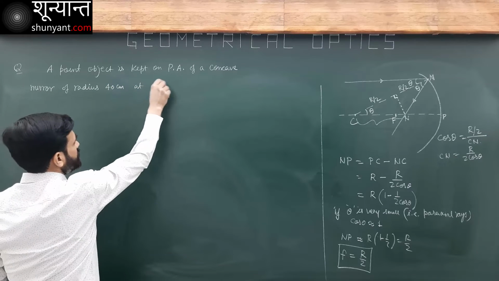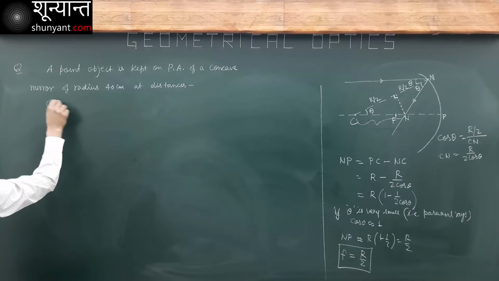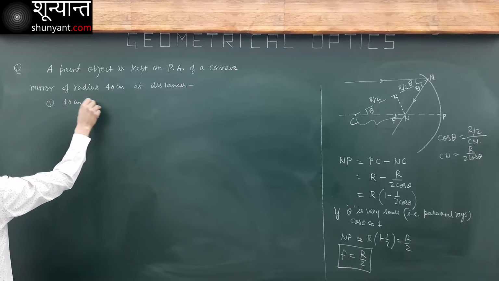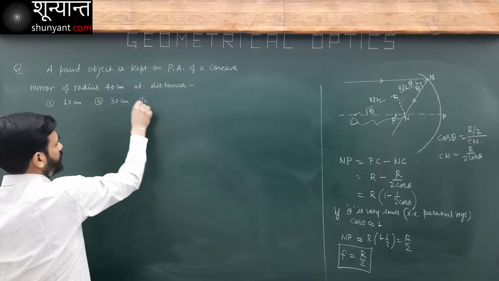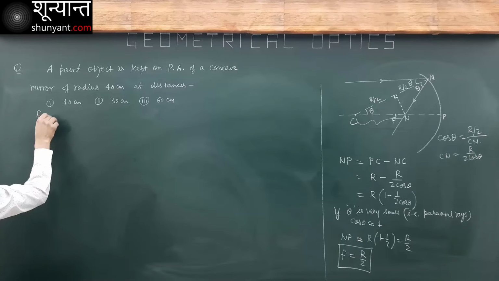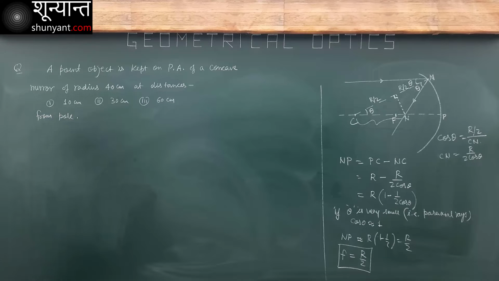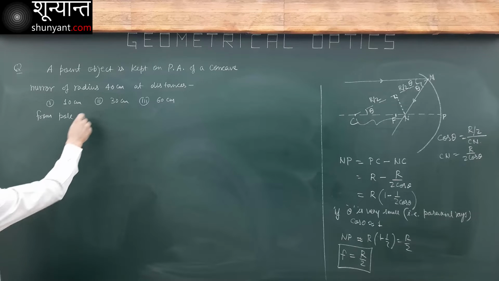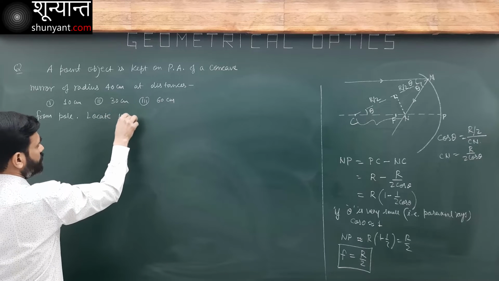at distances first 10 centimeter, 30 centimeter, 60 centimeter from pole. Okay, all right. Locate image.